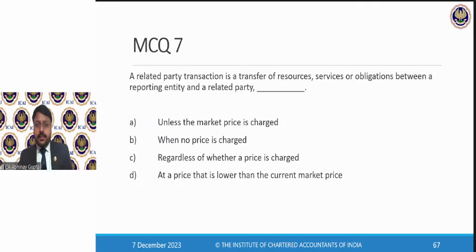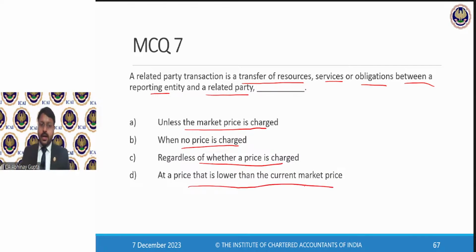Next, a related party transaction is a transfer of resource, services, or obligations between a reporting entity and the related party, unless the market price is charged. When no price is charged, regardless of whether the price is at fair, at the lower of the current, at a price that is lower than the current market price.